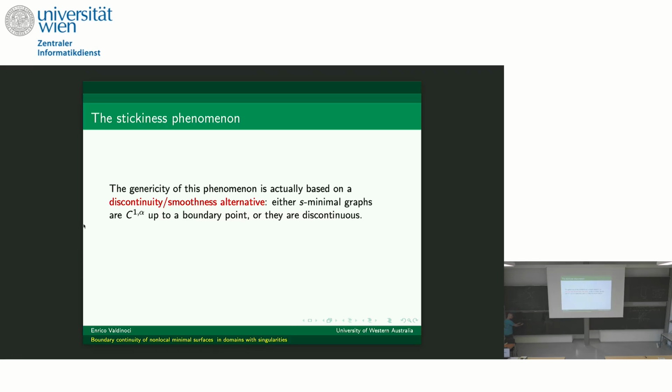But then I translate it down, I translate it up, and then I have two S-minimal graphs.